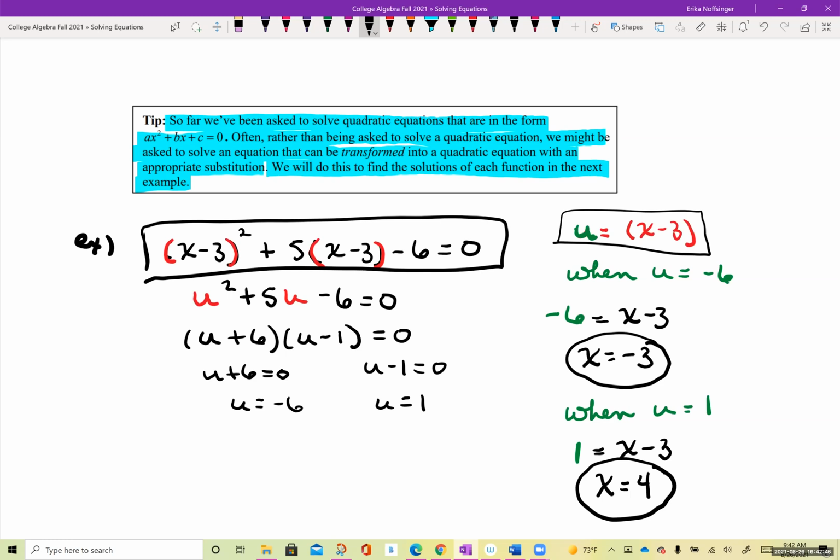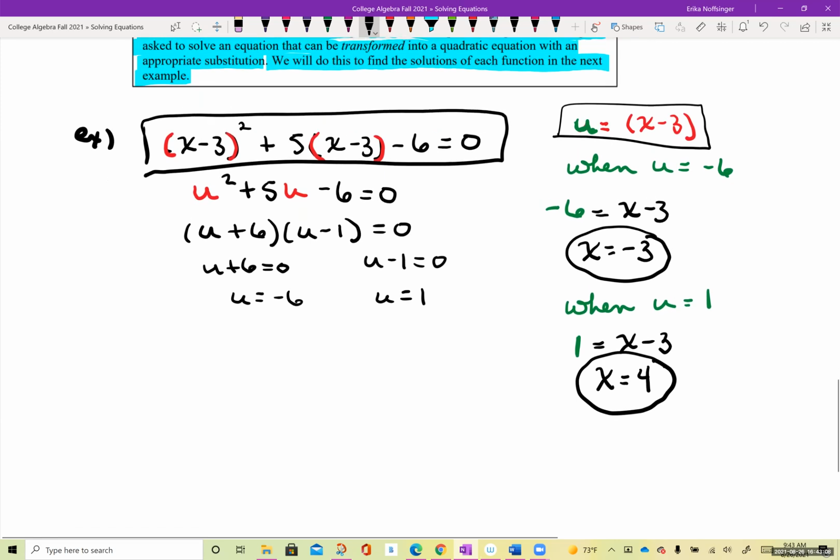So as long as I did my mathematics right, then these should be my solutions. So noticing this and rewriting in quadratic form has made this so much easier to solve than expanding and then solving.